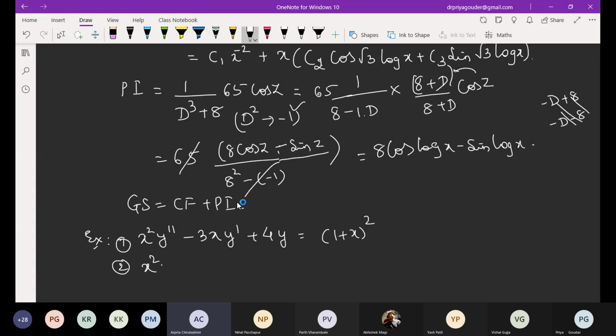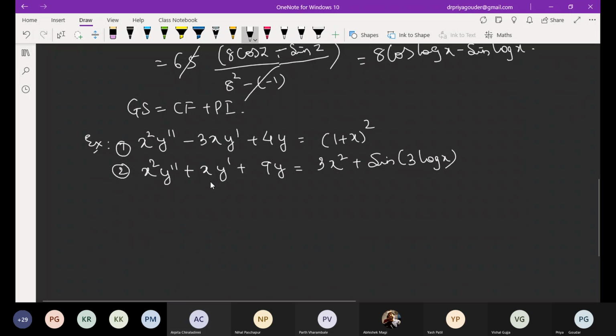Yes, ma'am. If it is given, then take the second one. How many of you have solved it? It was given, right? This is 3x square plus sine of 3 log x. This part, when you simplify, purely belongs to case 1. Hopefully you have solved it.